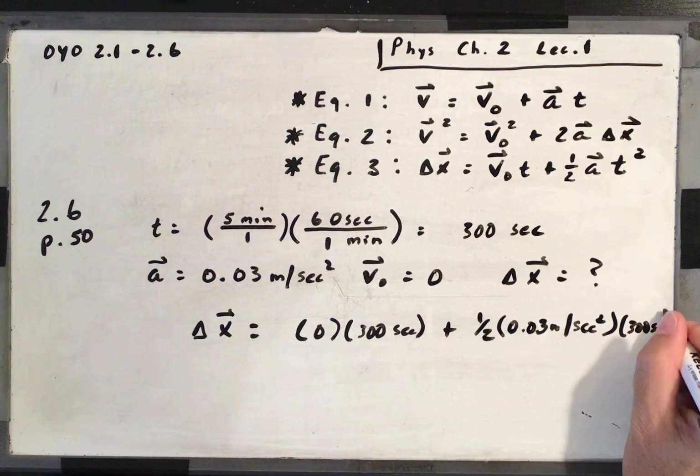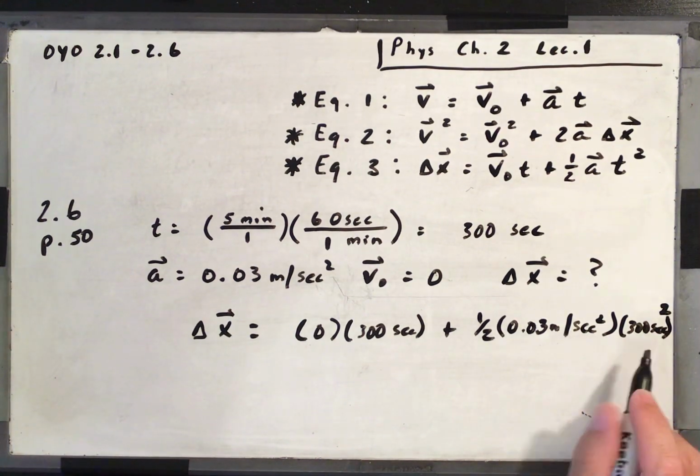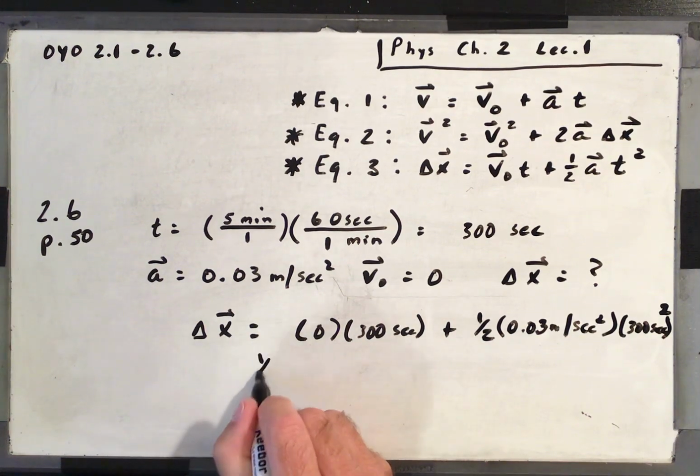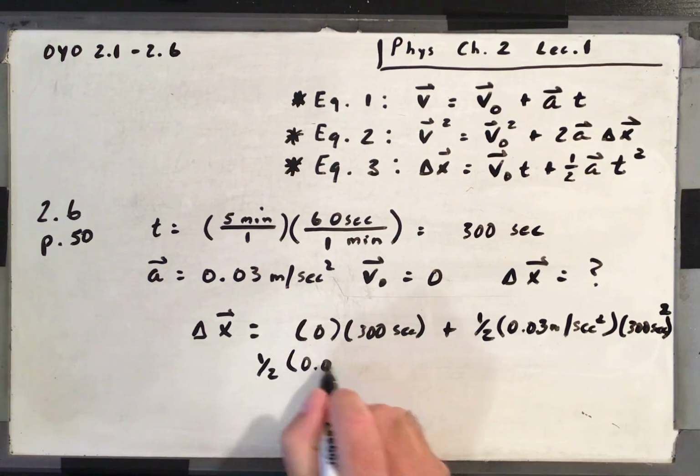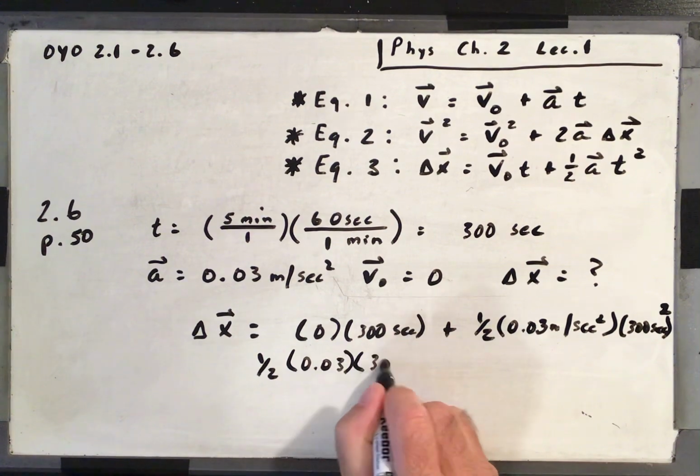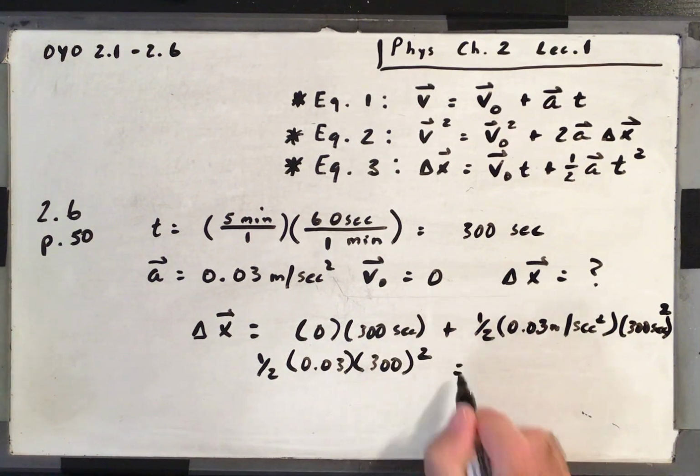Don't forget to square that 300 seconds. So I'm going to write it again: 1/2 times 0.03 times 300 squared.